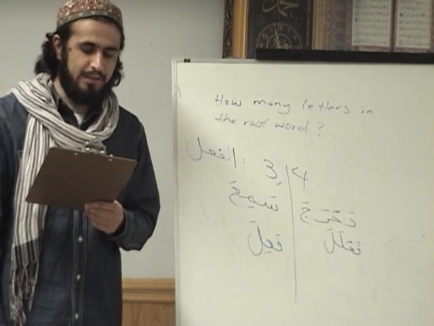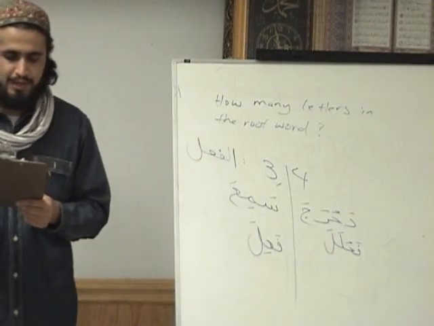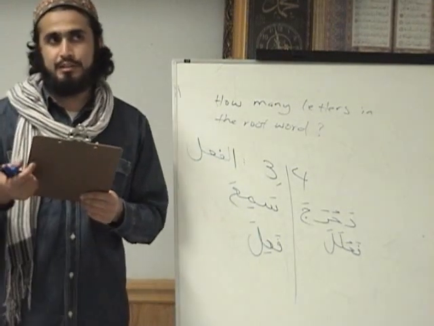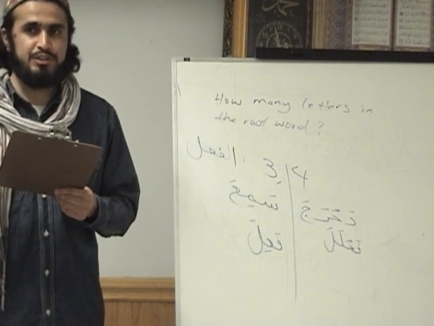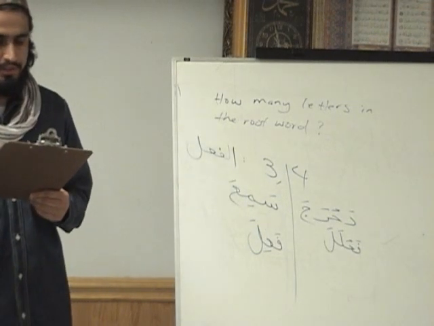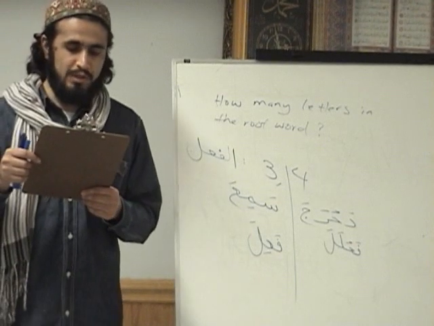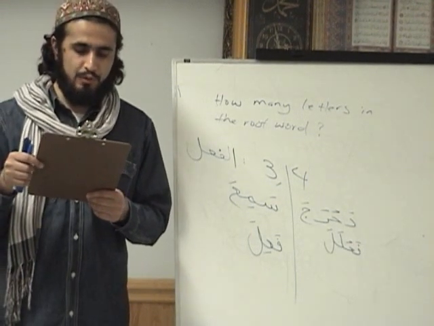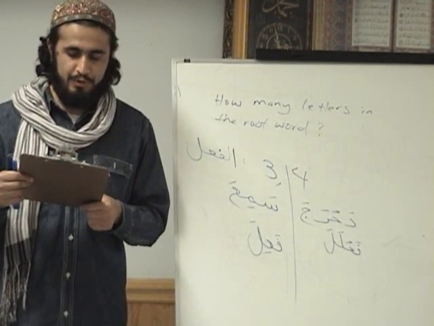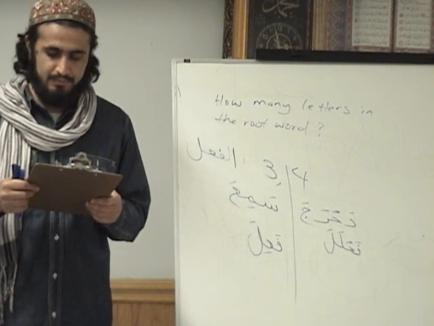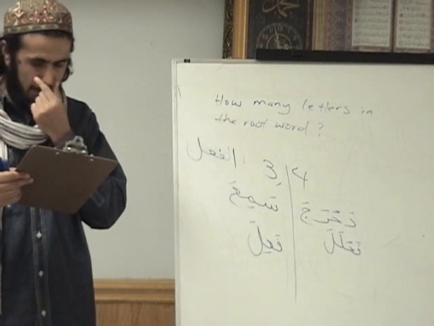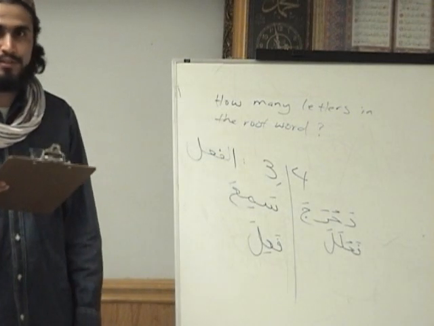And they both, ism and fi'l, can have up to 5, 6, 7, 8, 9 letters, which will be extra letters in addition to the original letters, which are in ism only 3 or 4 or 5, and fi'l only 3 or 4, no more. Any questions?